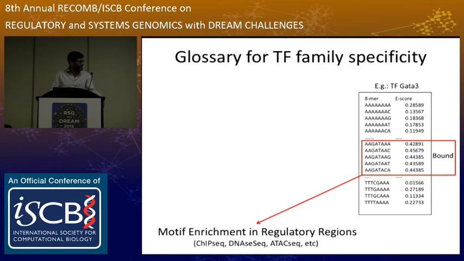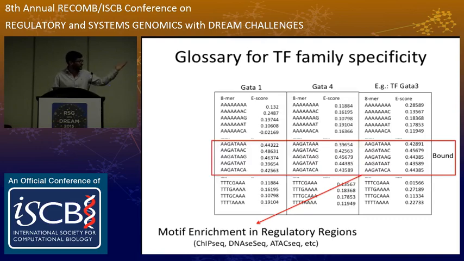We imagined using the more specific 8-mers for a transcription factor, as recapitulated by protein binding microarray, and exploiting the fact that transcription factors from the same family should typically exhibit the same specificity to the same regions.